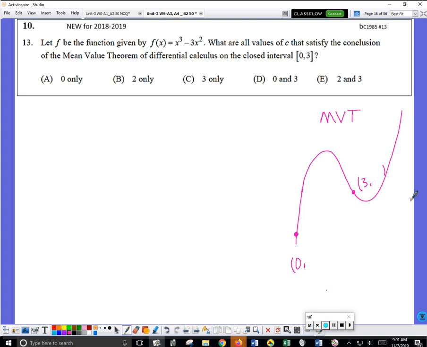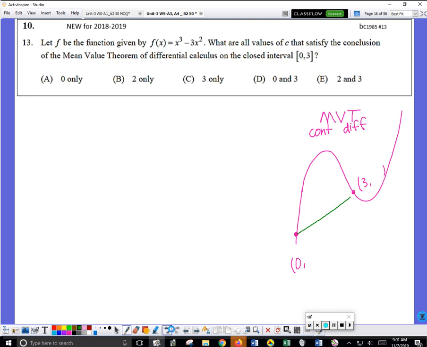The mean value theorem says that as long as f is both continuous and differentiable, so f has to be continuous and f has to be differentiable, make a note of that. Then you calculate the secant slope between these 2 points.